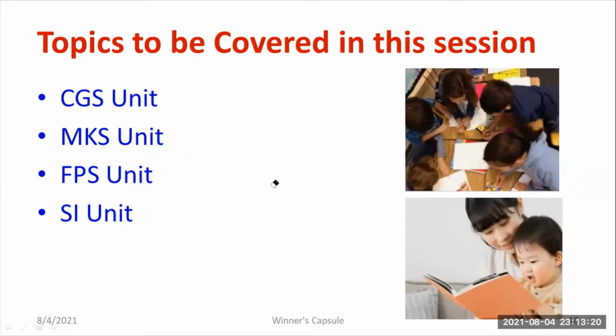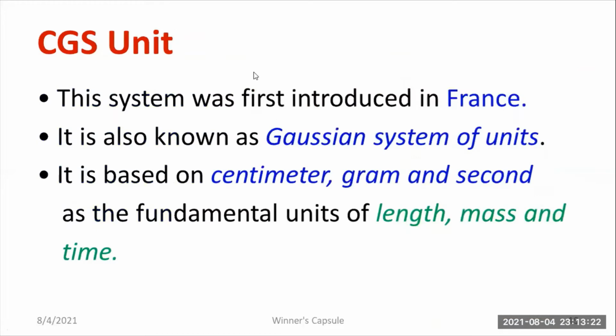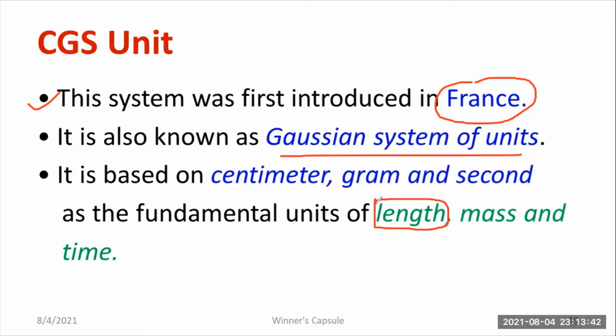Let us understand what the CGS unit is. This system was first introduced in France. It is also known as the Gaussian system of units. Can you give some examples of CGS units? Suppose length is a physical quantity. What is the CGS unit of length? It is centimeter. Another physical quantity is mass.